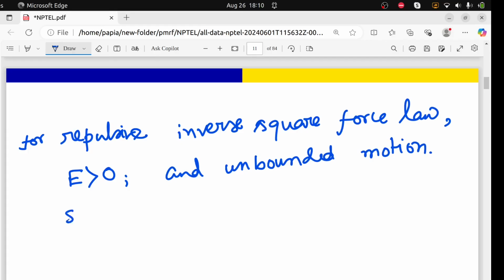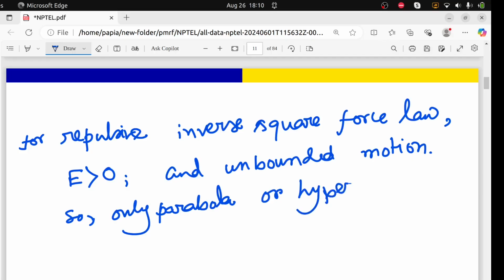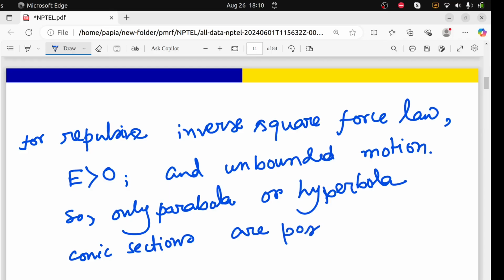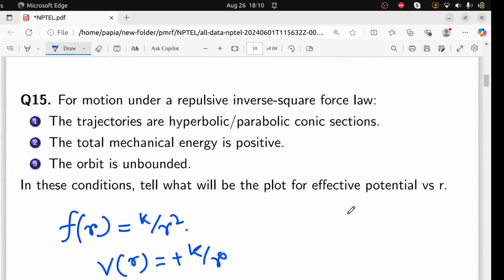Okay, so only parabola or hyperbola conic sections are possible. Okay, so this is the case.